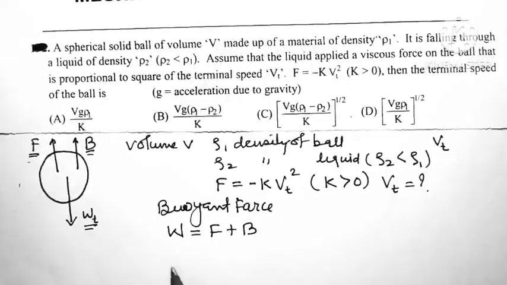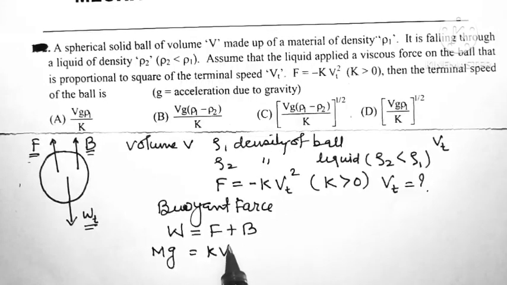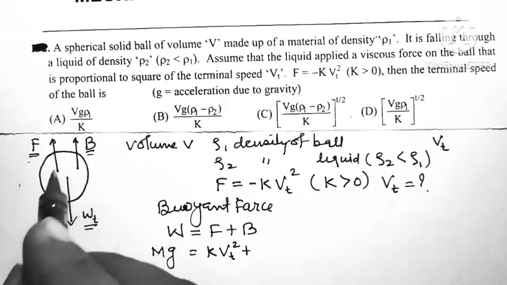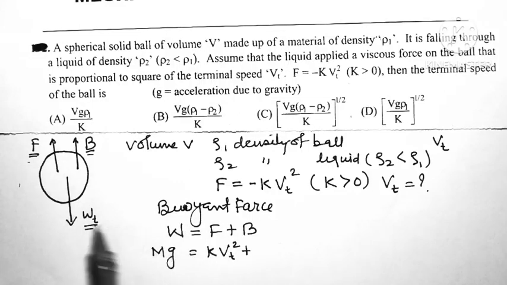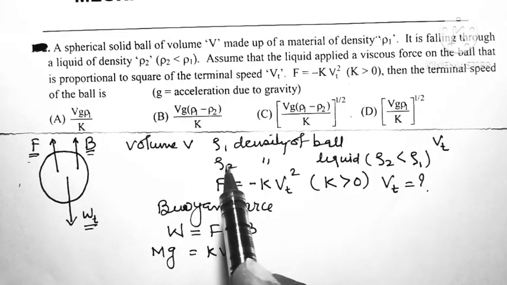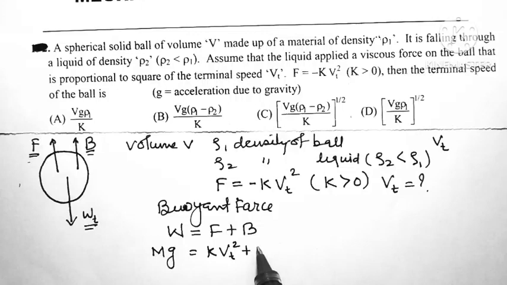As far as the weight is concerned, weight is nothing but the mass of the ball multiplied by g. The viscous force is given by the formula k into Vt square. And the buoyant force exerted on the ball is the volume of the ball multiplied by the density of the liquid. The volume of the ball is V and the density of the liquid is rho 2.